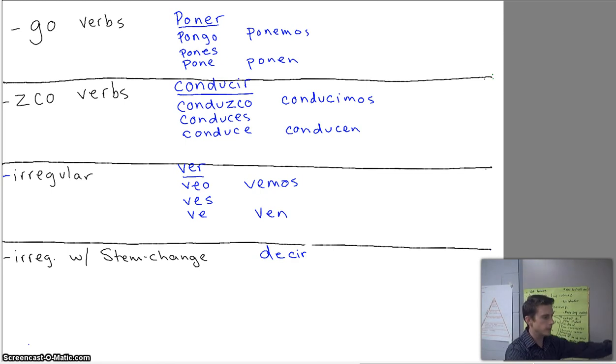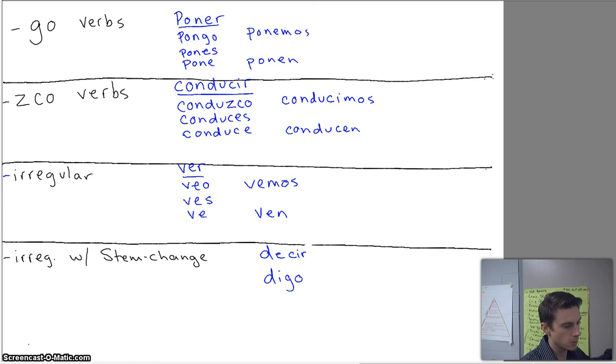Now the irregular verb with the stem change, let's take a look. Here is our stem change for decir, and there is our irregular yo conjugation. So it goes from decir in the infinitive to digo as the yo form.